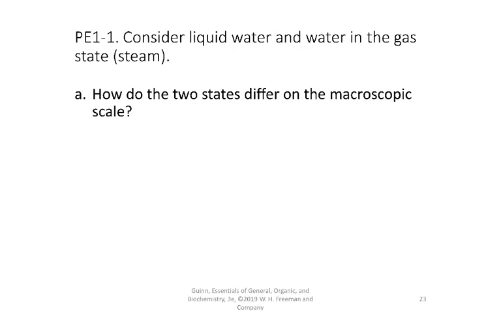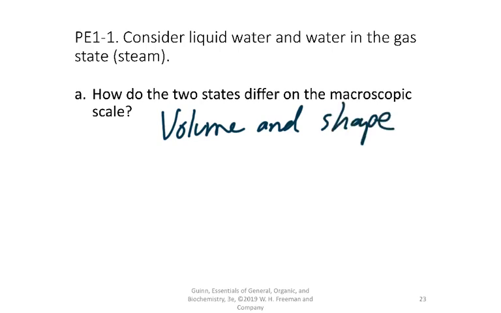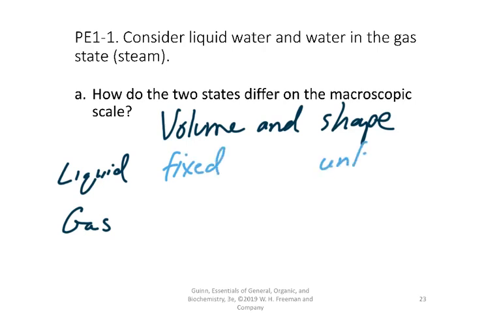So the first question, how do the two states differ on the macroscopic scale? So what we're looking at here is volume and shape. Remember that we did this before. Without looking back, let's try to recreate this little table. A liquid has a fixed volume, but an unfixed shape, meaning it takes the shape of its container.